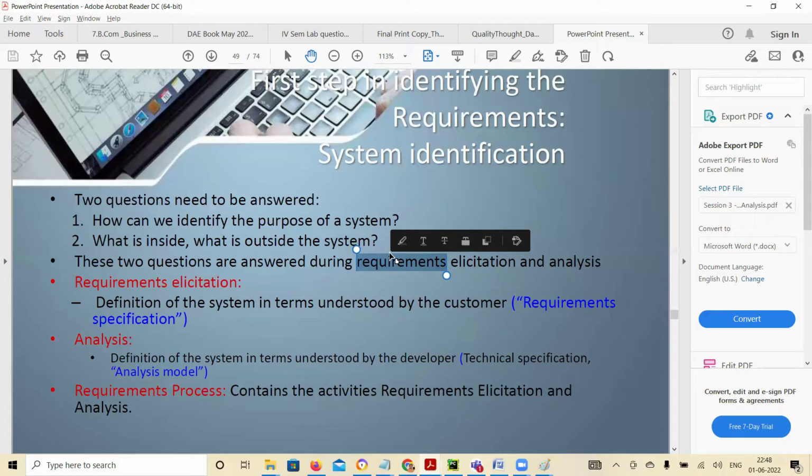Okay. So we're talking about the definition of the system. If you are building a software, what software are you building? I gave you the project, right? What software are you building?